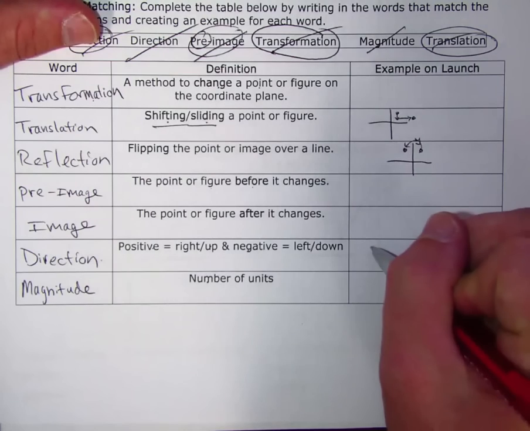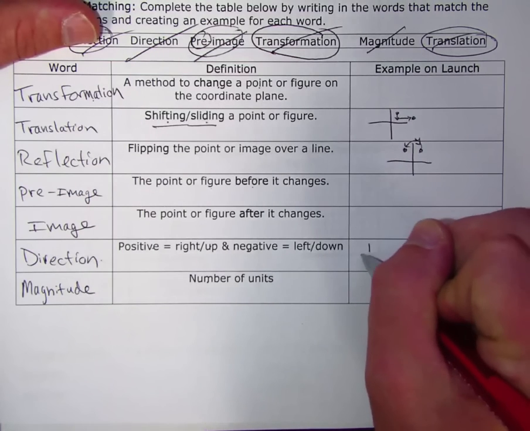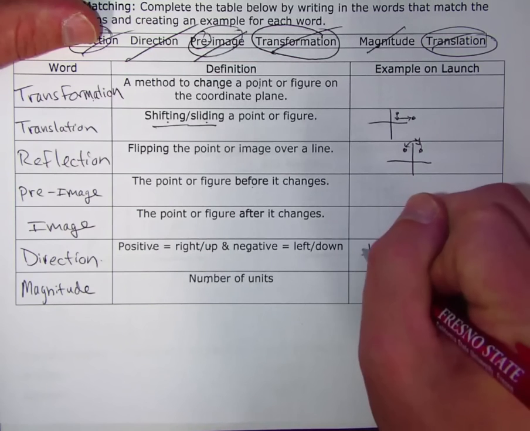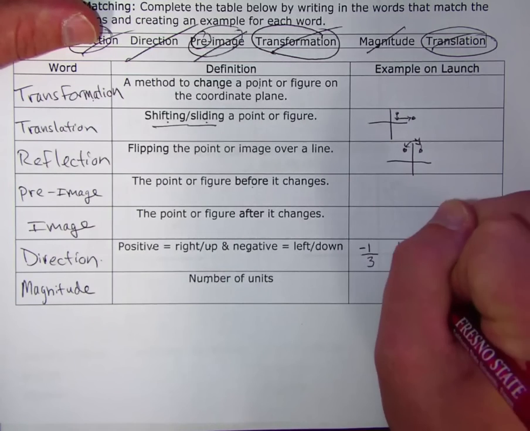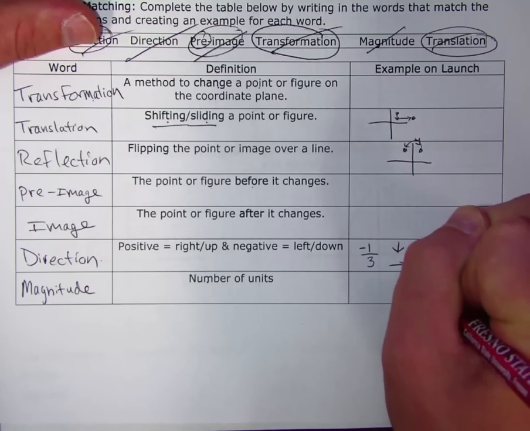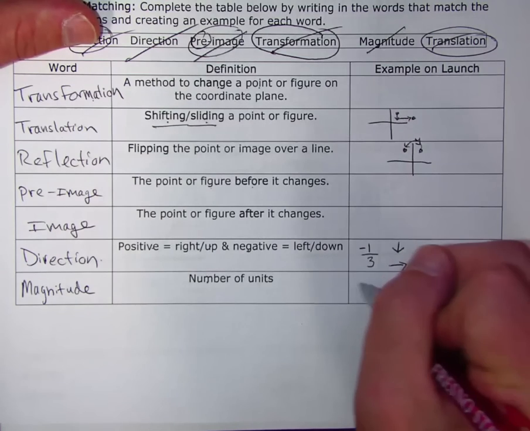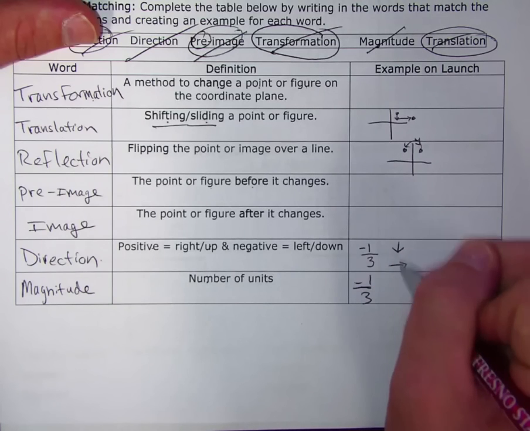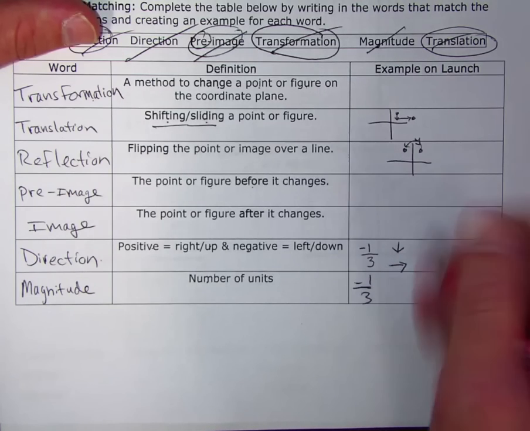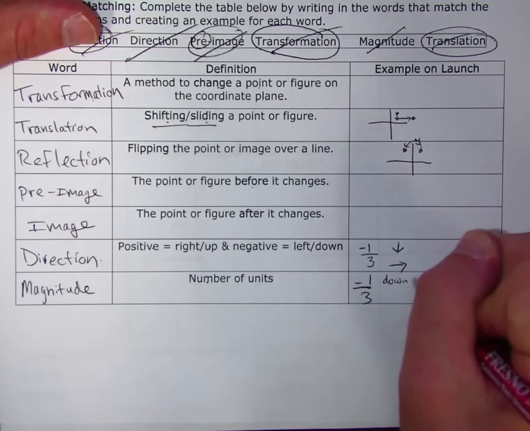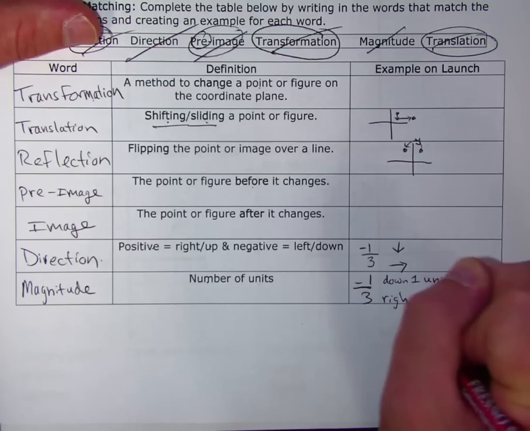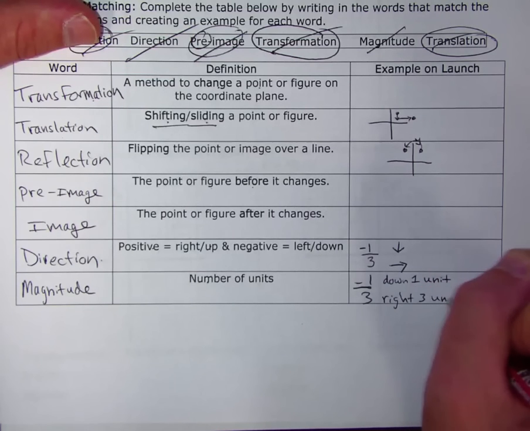So, for example, if you had a slope of -1/3, the direction is down and then right. Whereas if I said magnitude, it's not just down and right. That's not what I'm talking about. I mean down 1 unit, and I mean right 3 units.